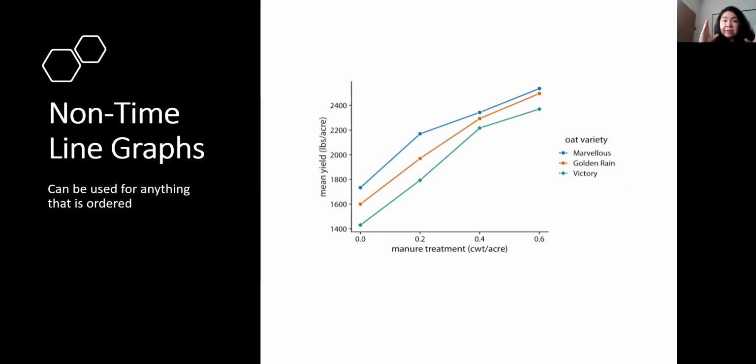So for the assignment and for the sake of general data viz, let's just keep this to continuous variables, even though there are other options. So continuous variable, categorical variable. Okay. All right. So let's switch over to Tableau itself.